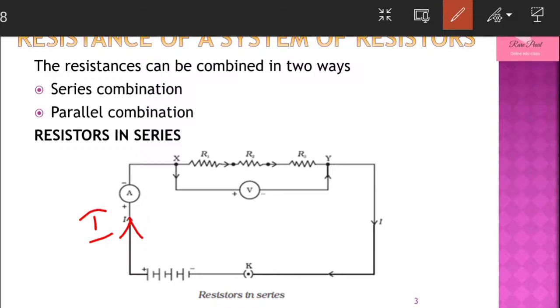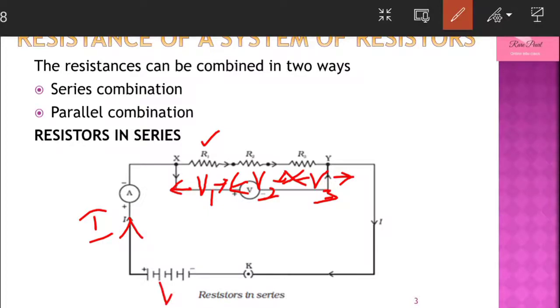What is this voltage drop? That means this resistor is resisting the current, limiting the current. Therefore, there will be a drop in voltage. The drop across the first resistor R1 is V1. The voltage drop across the second resistor is V2. The voltage drop across the third resistor is V3.